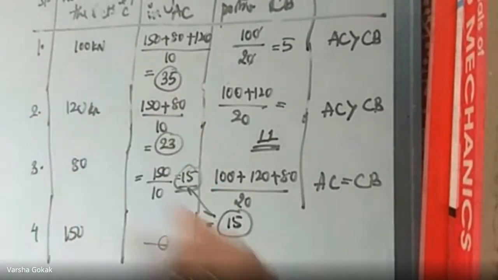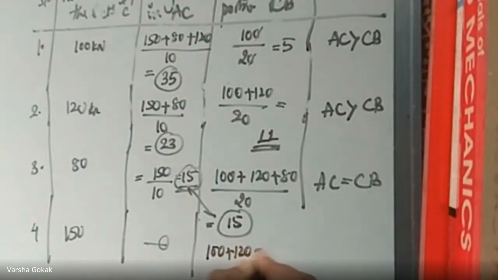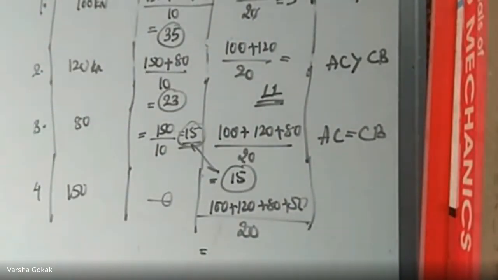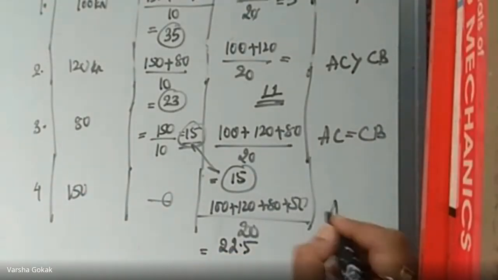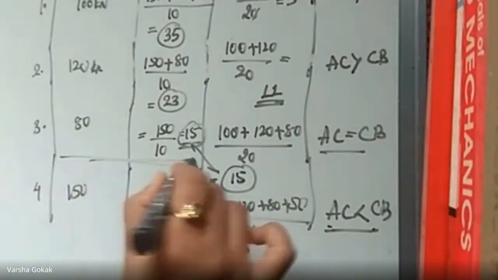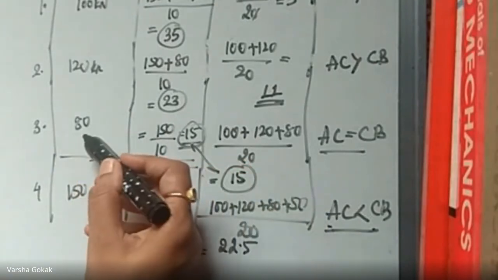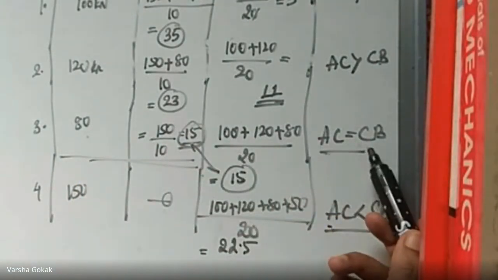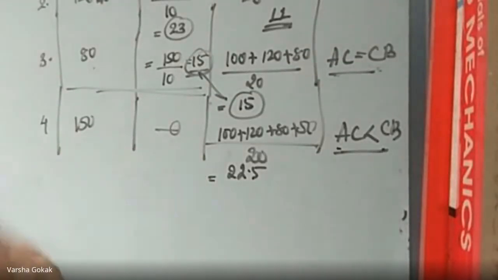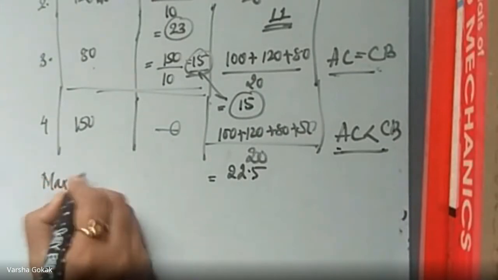And here it will be all the loads, that is 100 plus 120 plus 80 plus 150 divided by 20, which is 22.5. So AC is less than CB. So this is our point, that when 80 crosses, AC and CB are going to be the same.